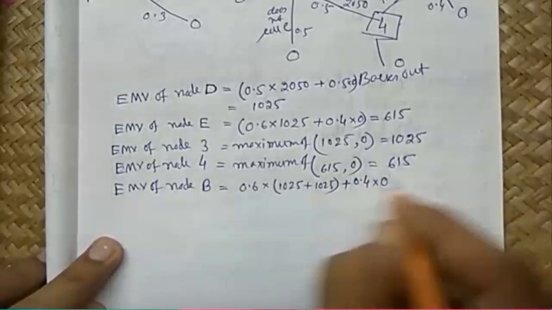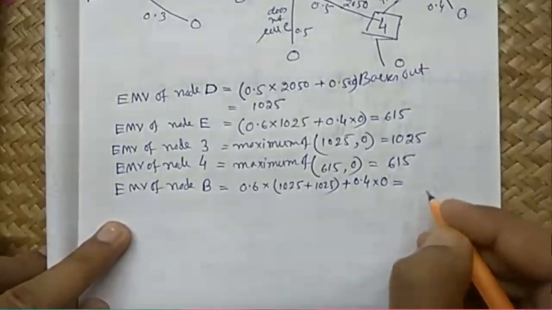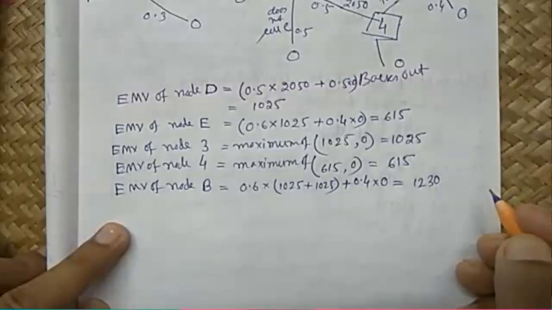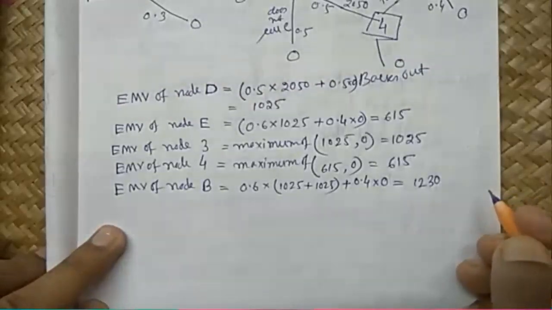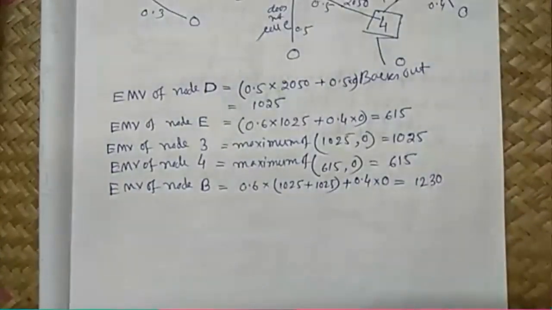And as a result, the EMV of node B becomes 1230. In the previous problem we were looking for cost, that's why we were minimizing it. Now we are looking for payoff, that's why we are maximizing it. We are taking the maximum.